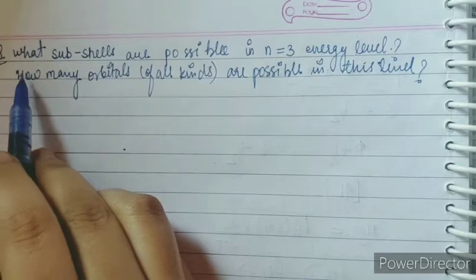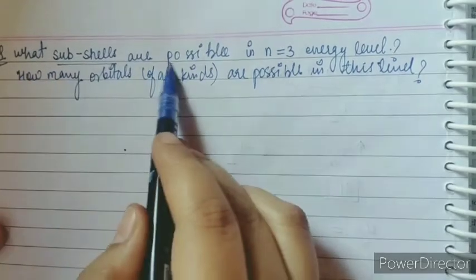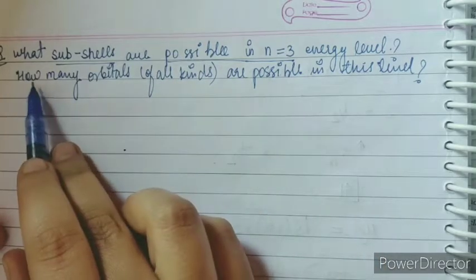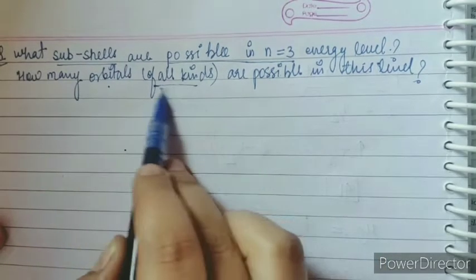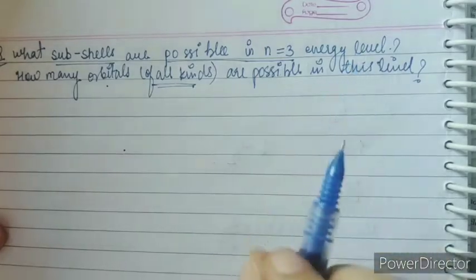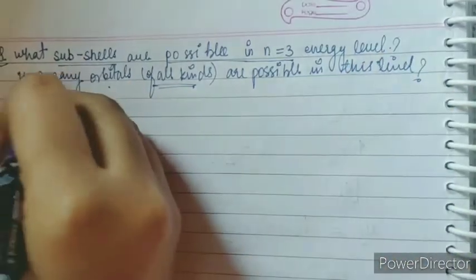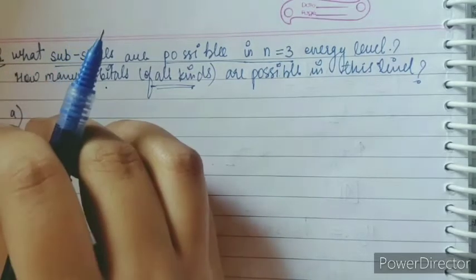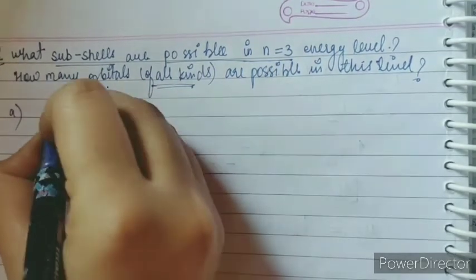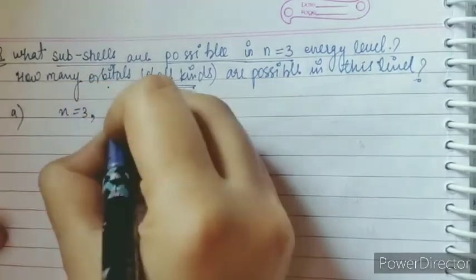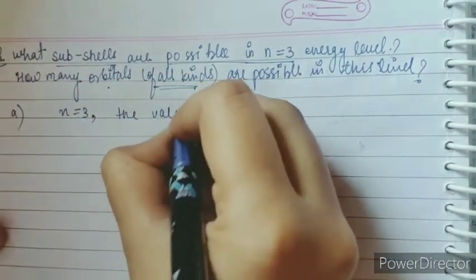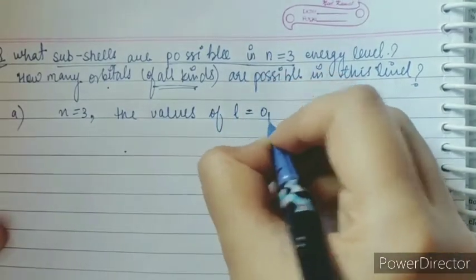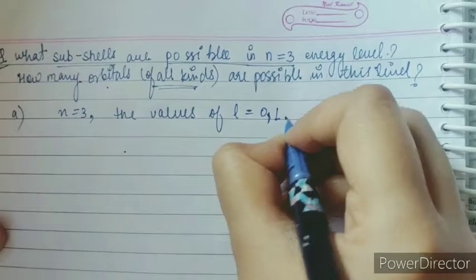The next question is, what subshells are possible in the n equals 3 energy level, and second, how many orbitals of all kinds are possible in this level. First we have to find the subshells. For n equals 3, the possible values of l are 0, 1 and 2.